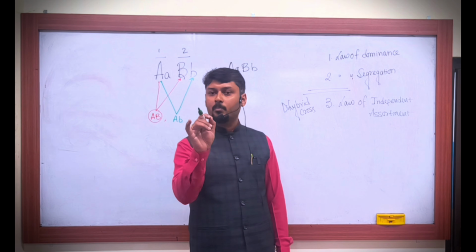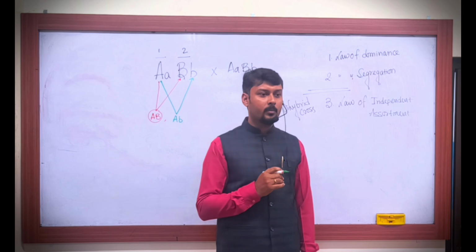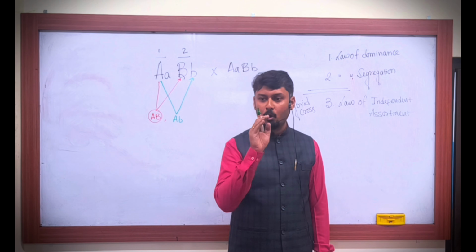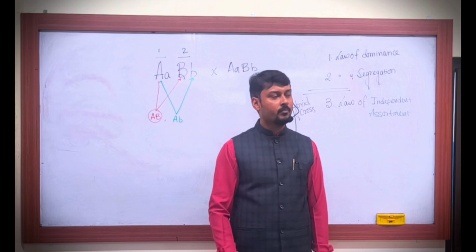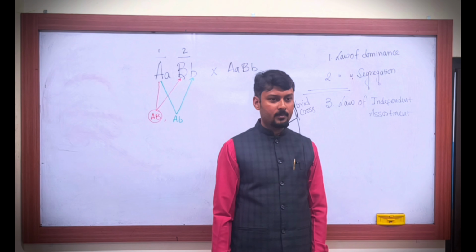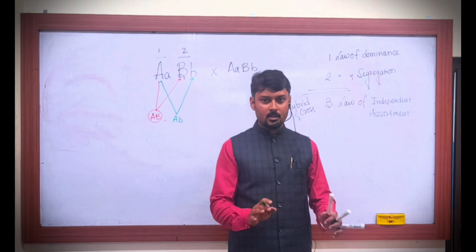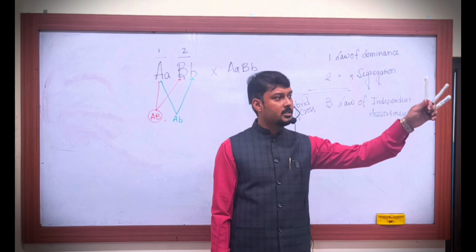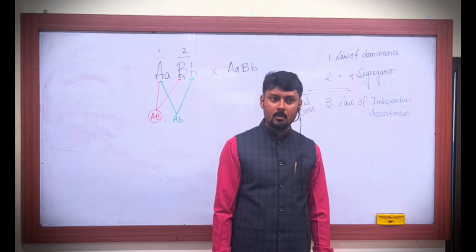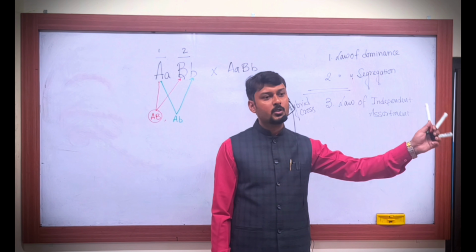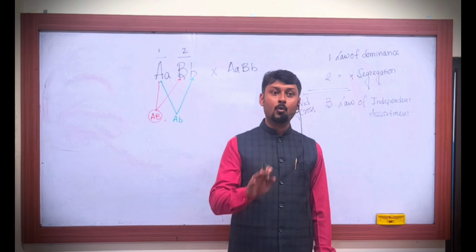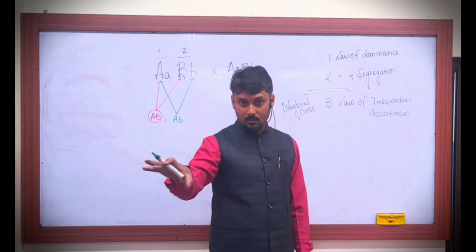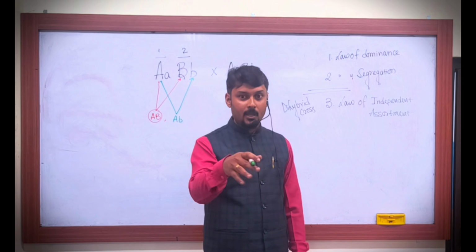I am the capital B, you are small b. This is room number 4, that is room number 5. Let's say this is room number 1, that is room number 2. There is a capital C gene also, with a capital C allele and a small c allele. So who will come first? We will come first, then they will come.